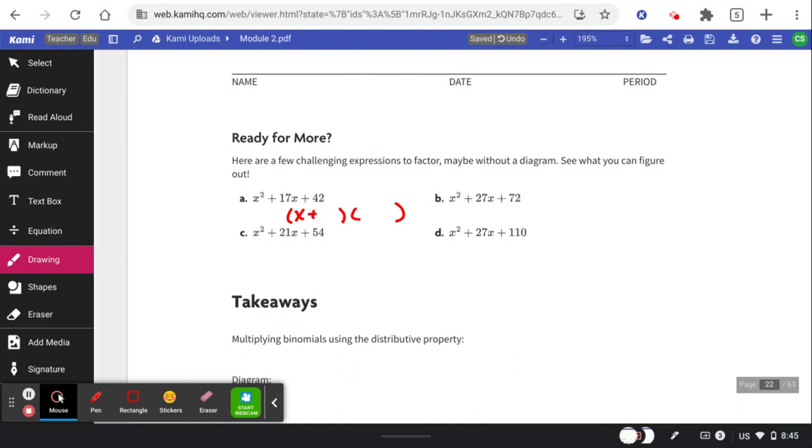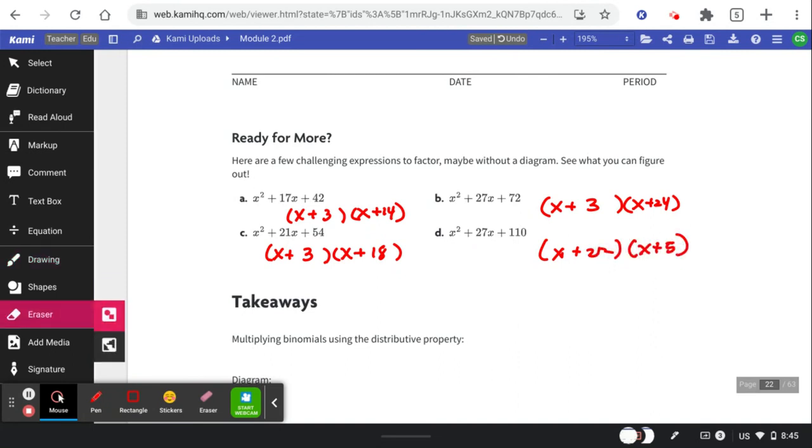42 could be 3 times 14, and that adds up to 17. 54 could be 3 times 18, and that adds up to 21. 72 could be 3 times 24, and that adds up to 27. 110 could be 22 times 5.